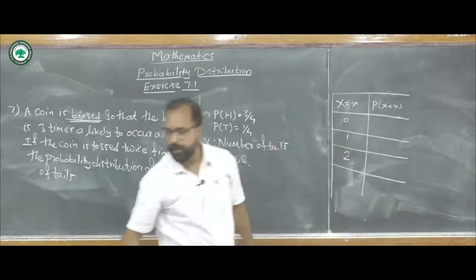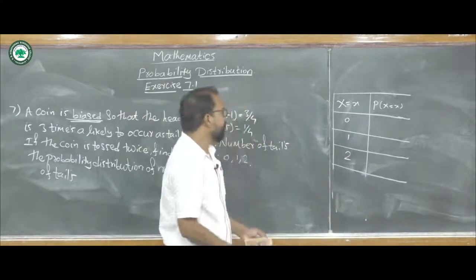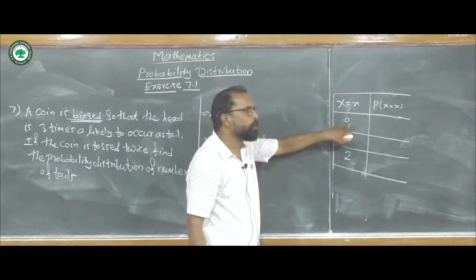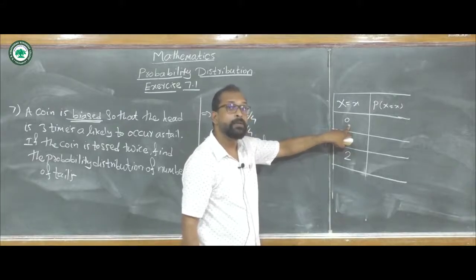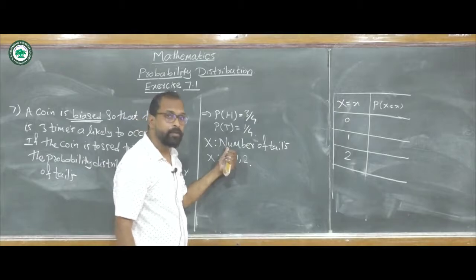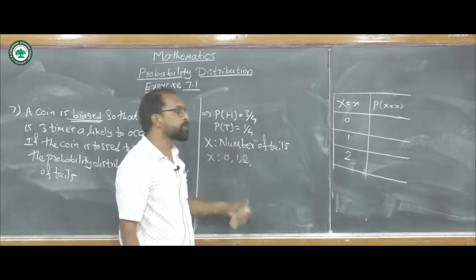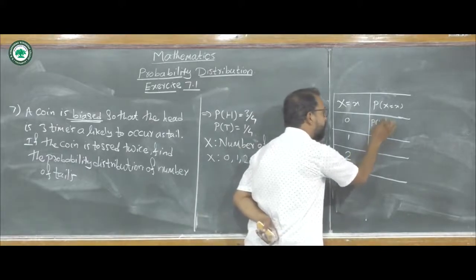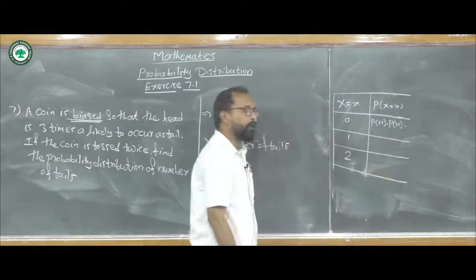To find the probability of X equal to 0, that is 0 tails, it means that in both trials we get the head, so it gives probability of head into probability of head.